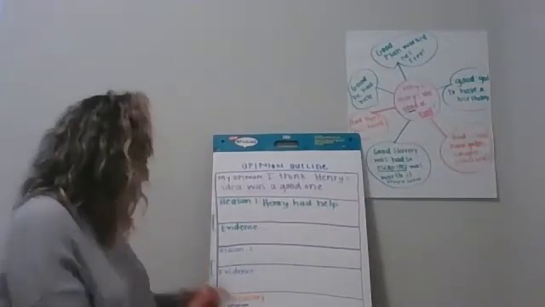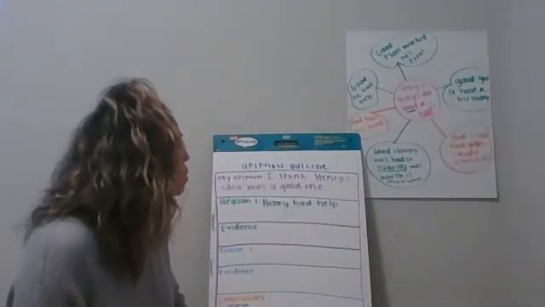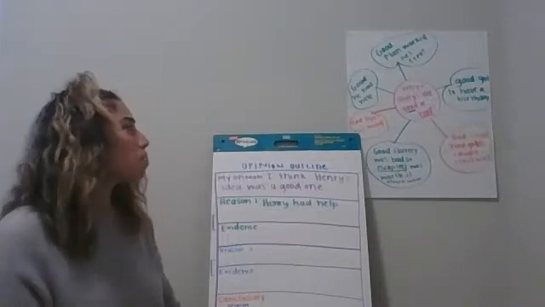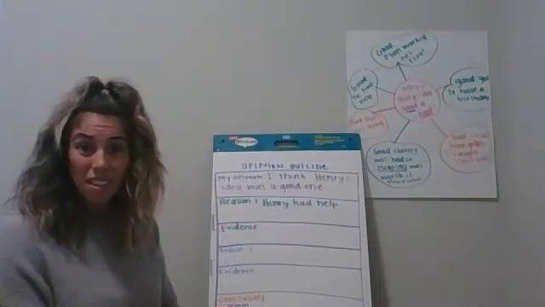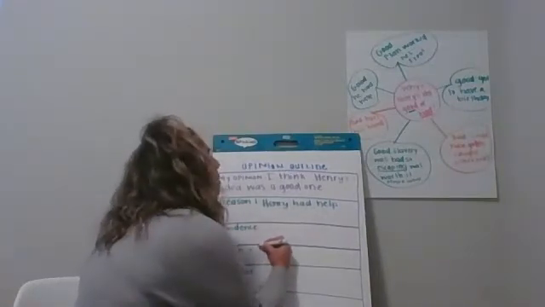Okay. Now, reason number two. Again, I want to look at my brainstorming. Oh, reason number two. His plan worked. He got to freedom. His plan worked. Okay, reason number two.